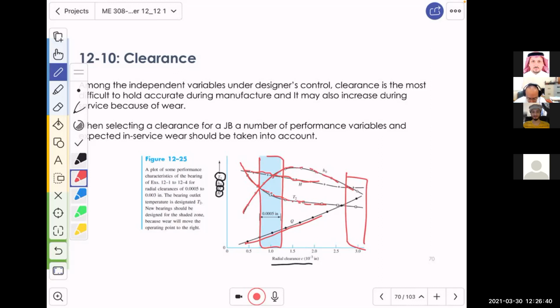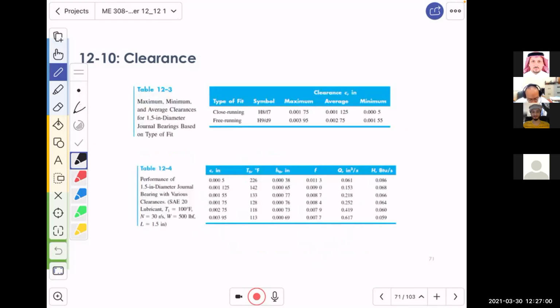So the recommendation is to start here, and then you should expect that with time, the condition of your journal bearing is going to shift to the right as this clearance increases. Things are measured in microns here, and very small. We have here two tables, one of them for a recommended maximum, minimum, and an average clearance.